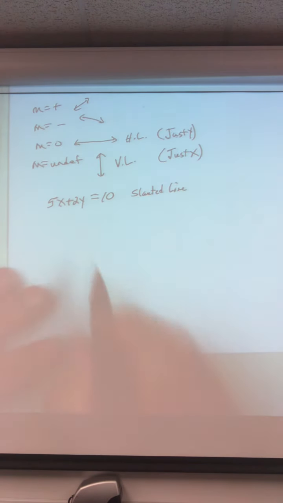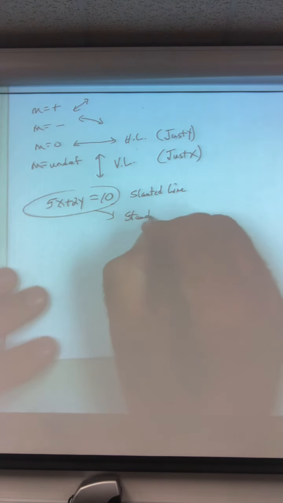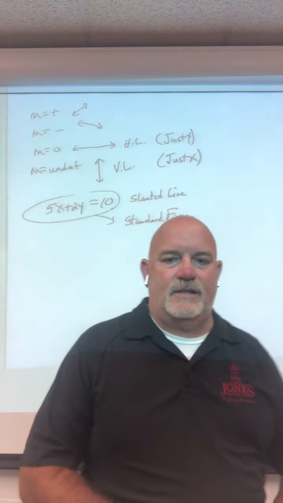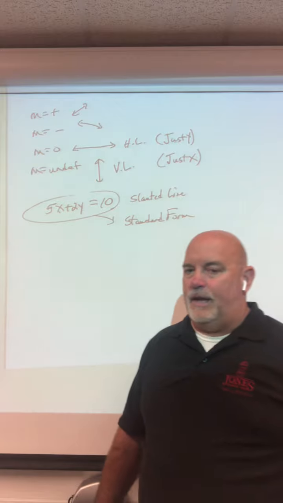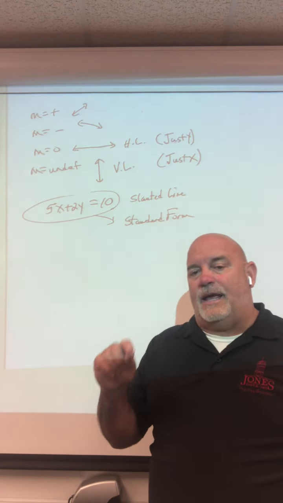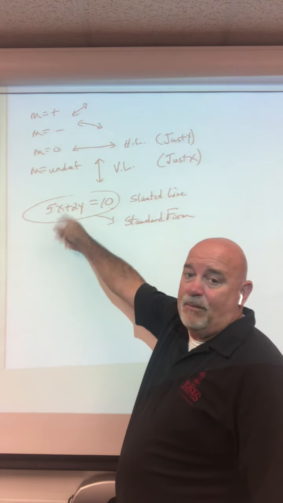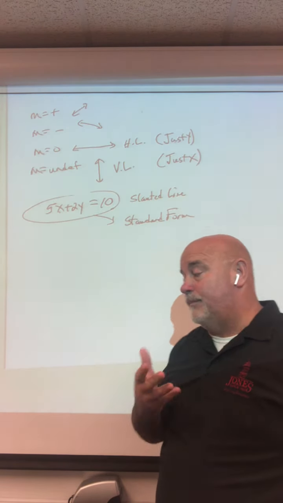Not only that, this equation is in standard form. Now remember, I told you standard form is not a big deal for us. Standard form just simply means the x's and y's are on one side, the numbers over on the other. Now, this is very important. A line can also be put in another form. So in other words, you can manipulate this and make it look different, and it's in a different form. Let me give you an example.